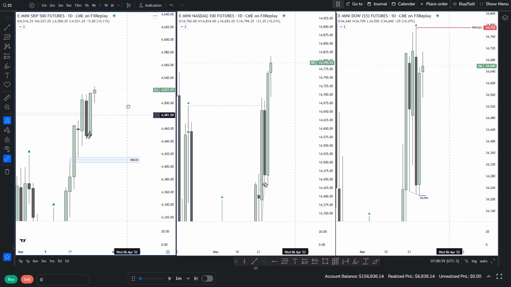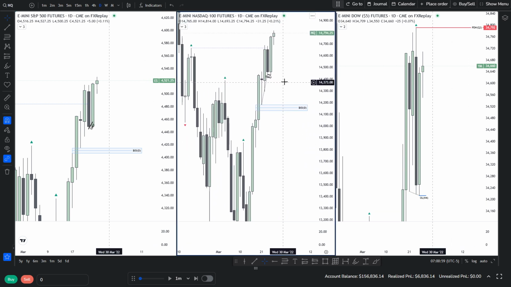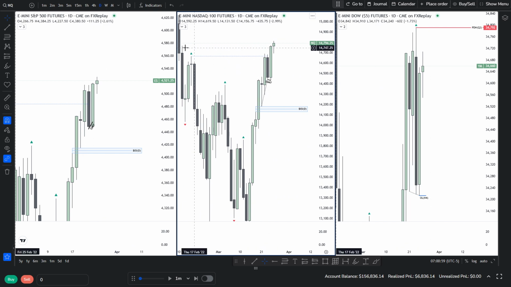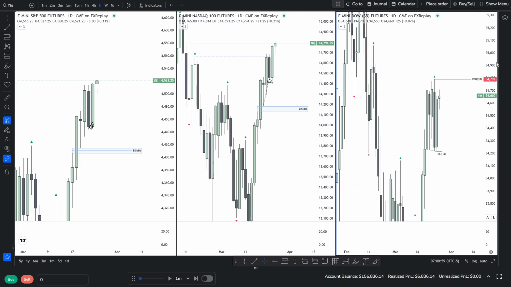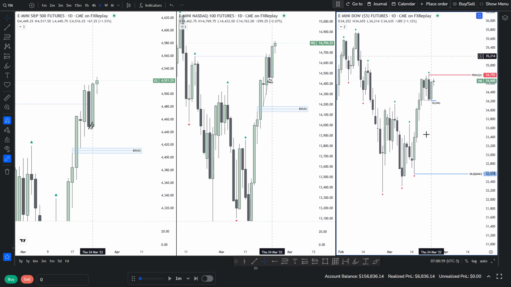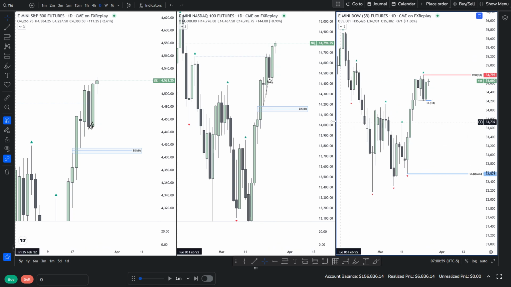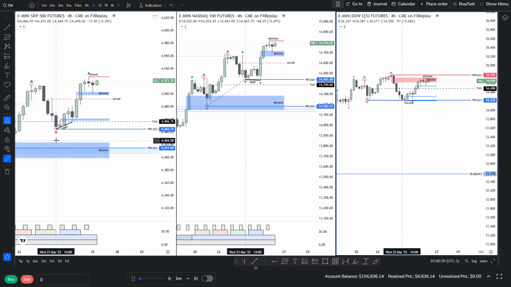So we've engulfed this down close candle here, and closed above this high. Hold on. It's because we've taken the aligned low. Fine. Yeah, that's fine.